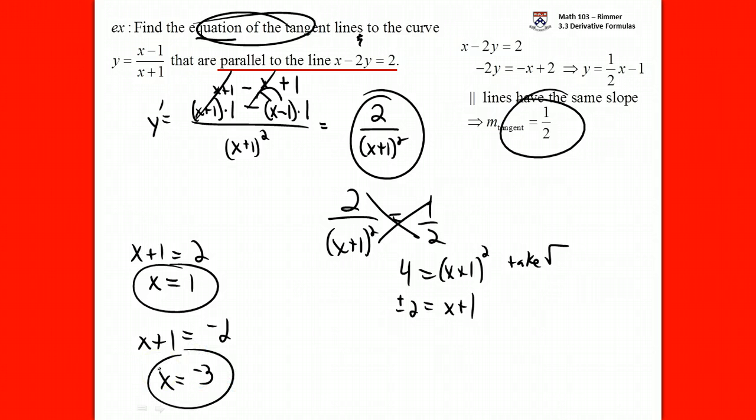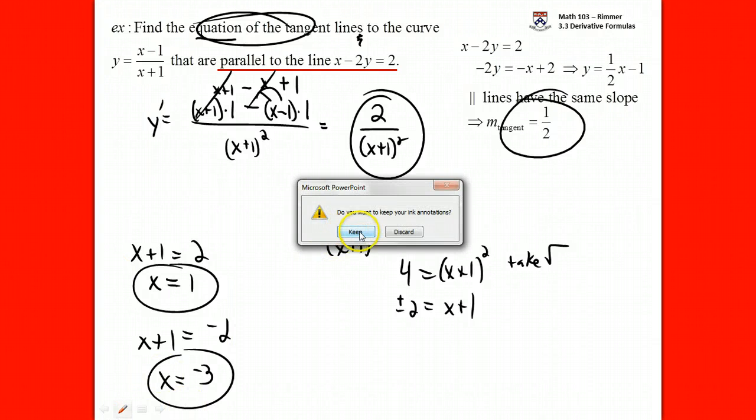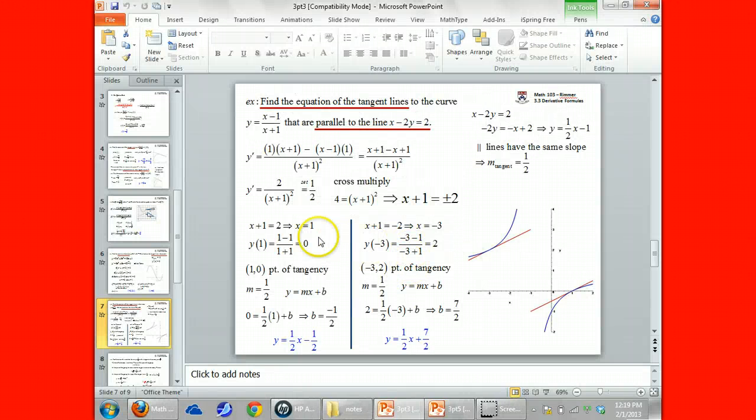Okay, there's some more steps to it, but this is the big picture. This is the heart of the matter: finding these x values where you have a tangent line slope of a half. Okay, I'll show you the rest of it, and it's not that complex. So we have the negative 3 and the 1. You go get the lines, and that's what the picture looks like. Sorry about that.